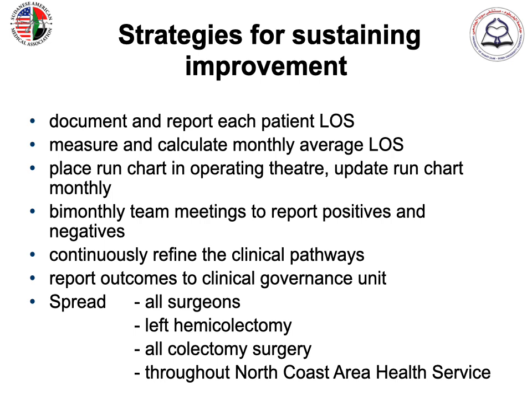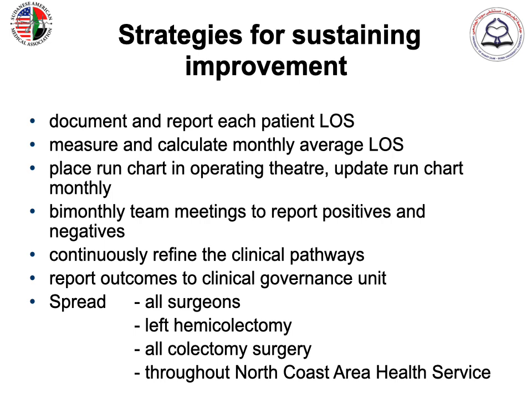You have to document this. In the same intervention for reducing the length of hospital stay, they document and report each patient outcome, and then they measure the average length of stay. Then they show the chart to all stakeholders in the OR, for administration, in the ward, and the team.